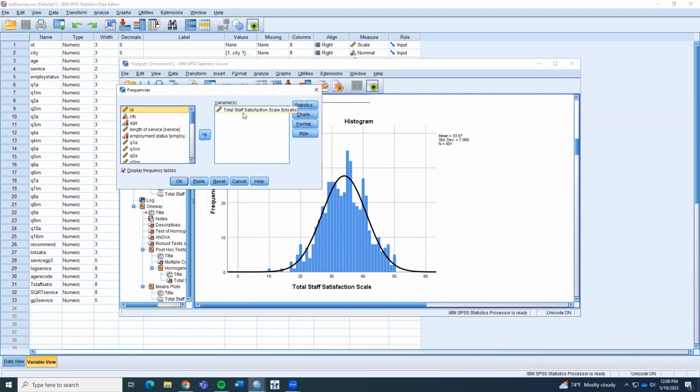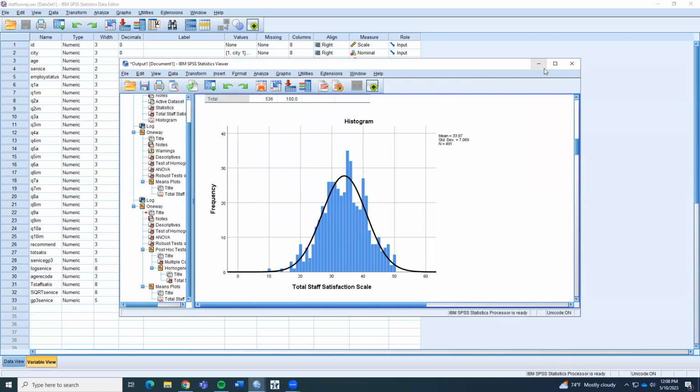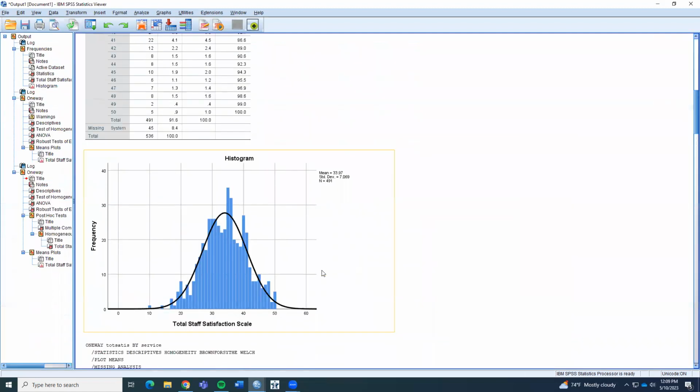We can see that I've already done that. And then under charts, we select histogram, and I click the box, show normal curve on the histogram. And so once we've done all of that, we get this information right here.